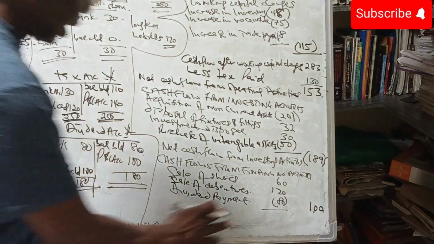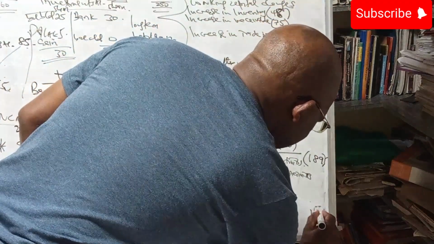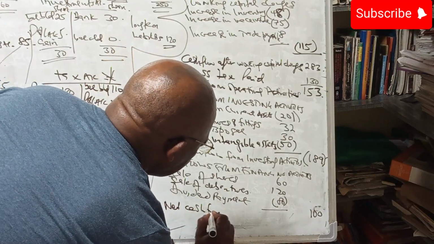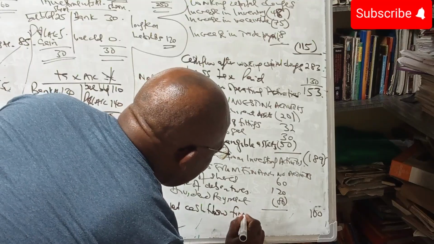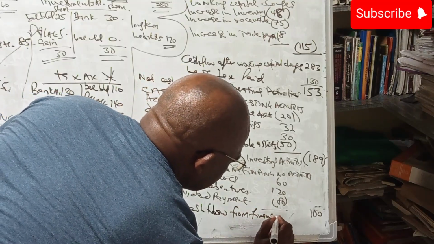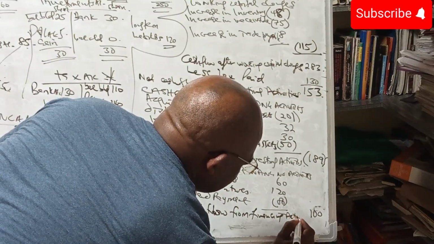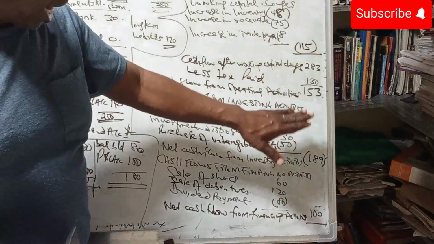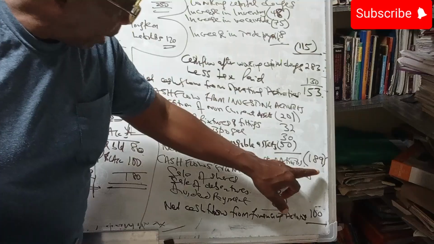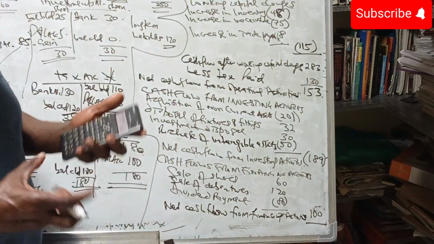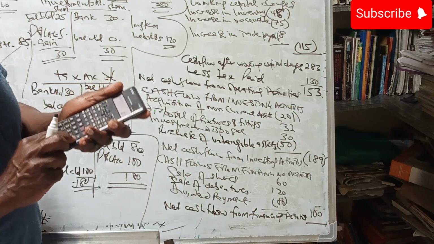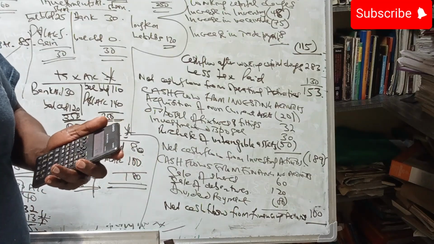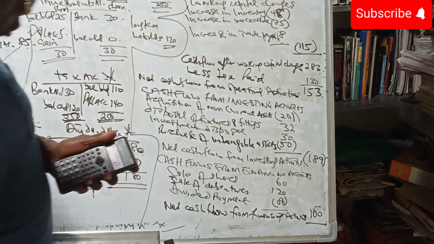That is net cash flow from financing activities. And we now add all the nets. Positive 153 minus 189 plus 100, you get a figure of positive 64.